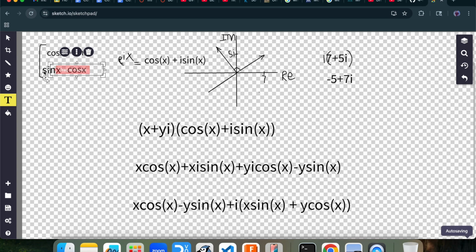That's a 2D rotation matrix, and you can get that by deriving it.